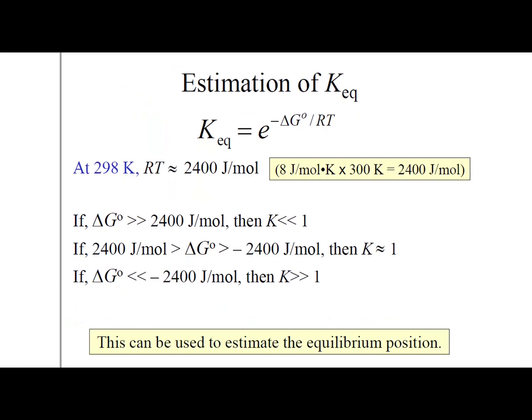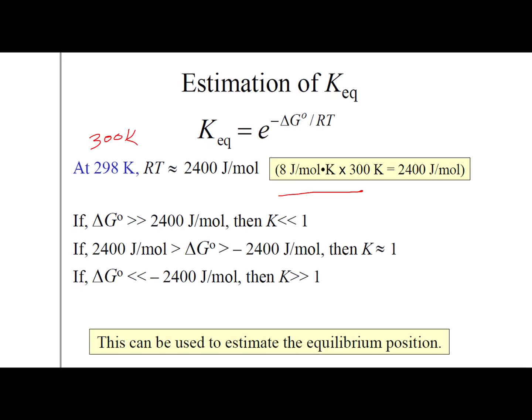A couple things to notice here. We're using 8 joules per mole Kelvin instead of 8.314. And for temperature, you'd want to use an estimate of 300 Kelvin just to make the math a little bit easier, especially if there's a multiple choice question.